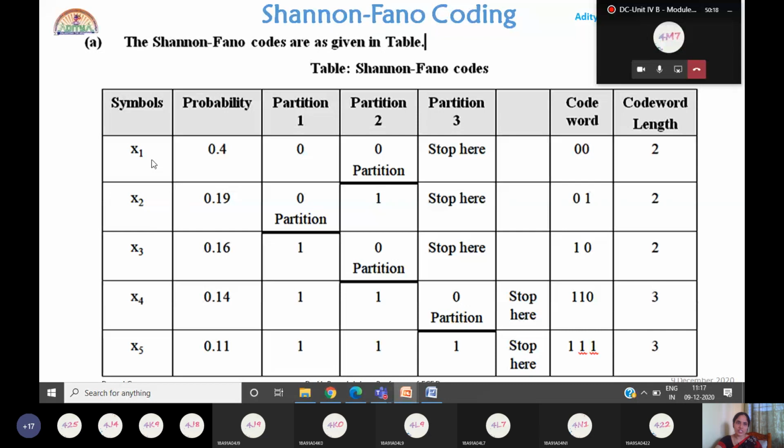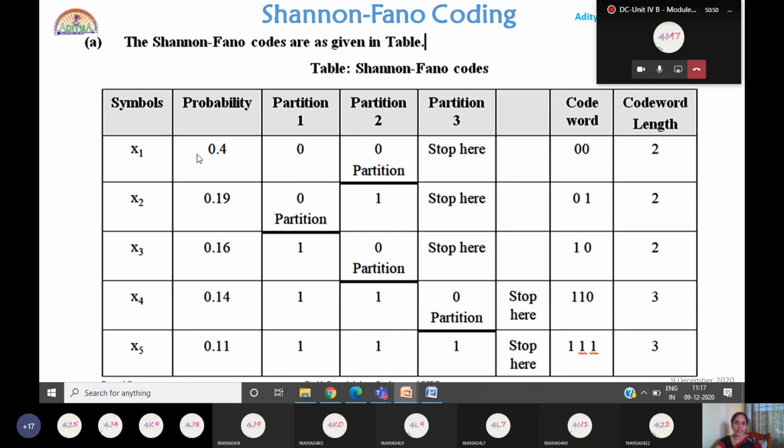That is the probability of the first symbol multiplied by its code word length, plus the probability of the second symbol multiplied by its code word length, and third, plus 0.16 multiplied by 2, plus 0.14 multiplied by 3, plus 0.11 multiplied by 3. Like this you can calculate the average code word length.